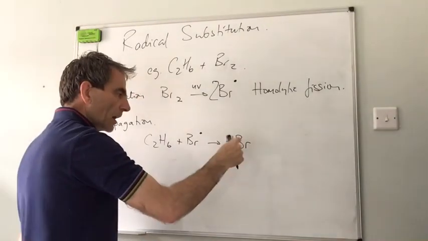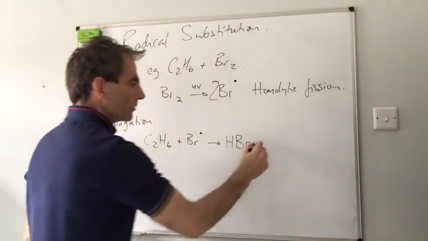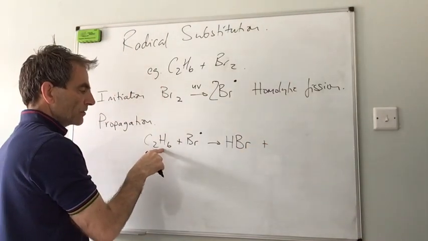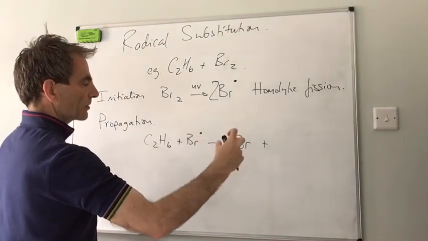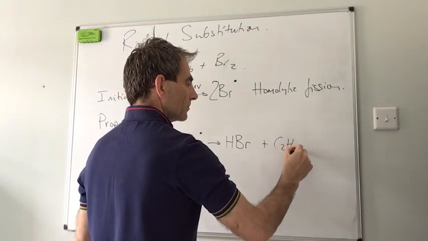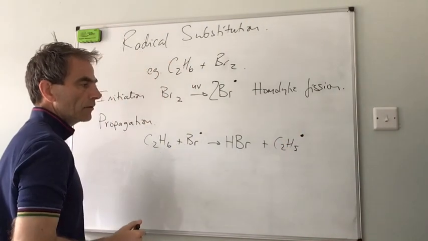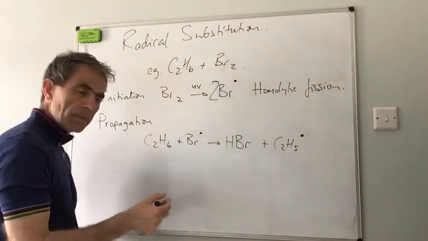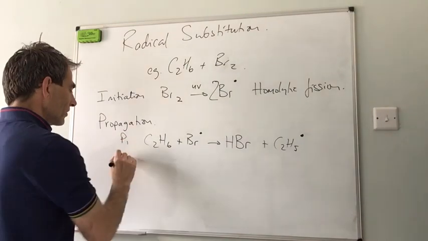So you always get an HBr in this case, or hydrogen halide produced, and then the remainder will be the C2H5. Remember, that's lost that hydrogen, and it's also lost the electron that went with the hydrogen. So this is now a radical. So it has an unpaired electron. So we represent the ethyl radical like that. So remember I said this was a pair of steps, so I would call that P1, propagation 1.